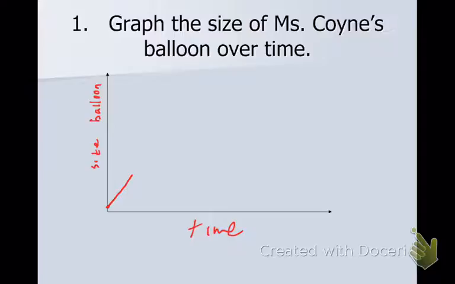Now, she's going to have to stop at some point and inhale in order to exhale again into the balloon. During the time it takes her to inhale, the size of the balloon is not changing. It's not getting any bigger, but time is still going. So we have to have a part of our graph that levels off here because the size is not getting any bigger. Okay?